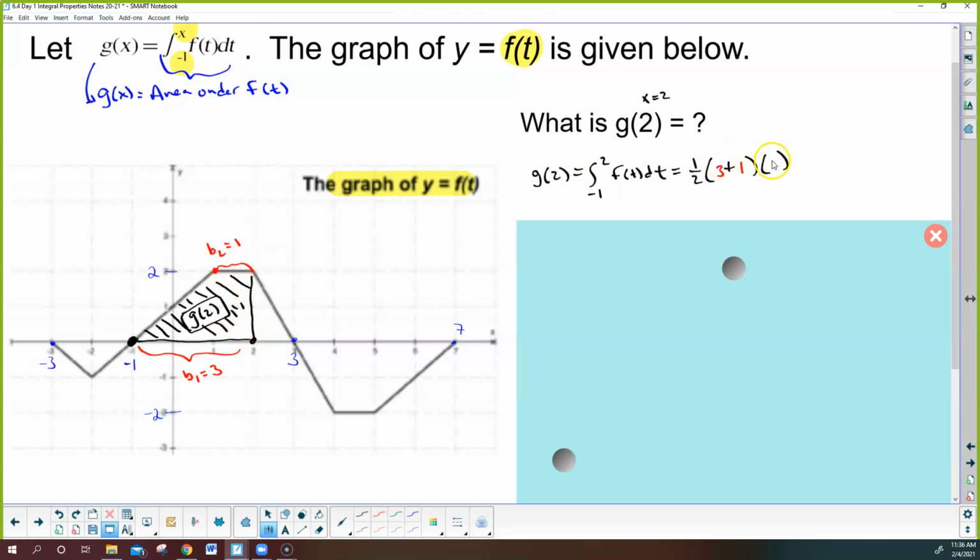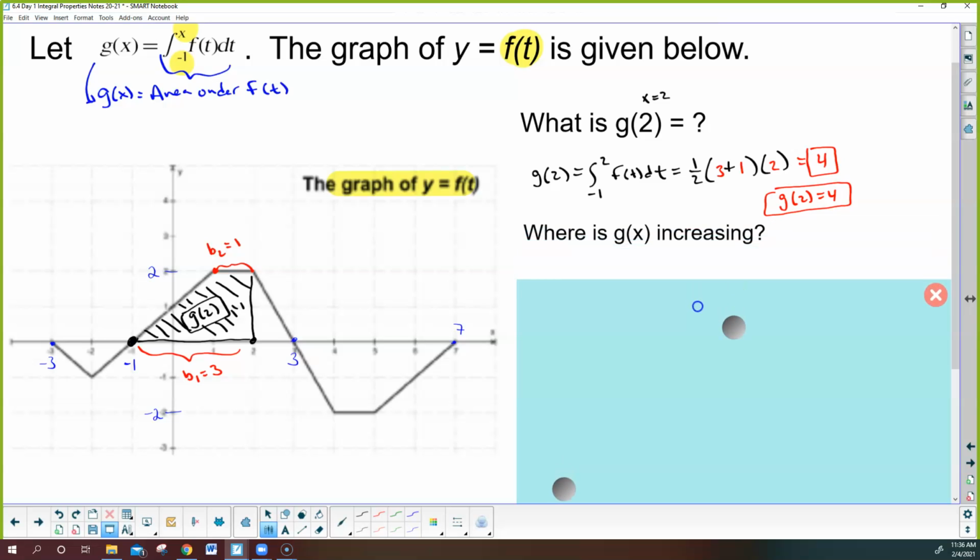I just went up 2. And add those up, you get 4 times 2 cut in half. G of 2 is equal to 4.